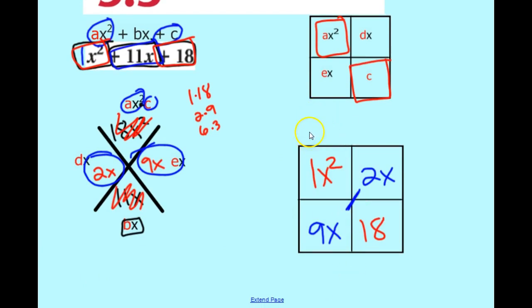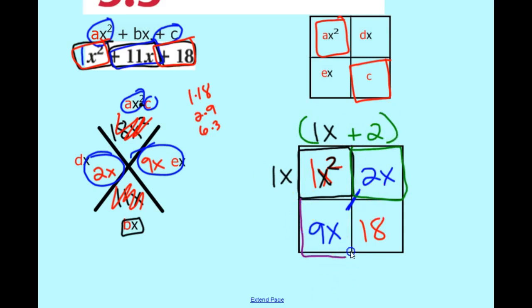We need to think what goes on the top and what goes on the side of our box. So what multiplies to give us x squared? Well, 1 times 1 is 1, and x times x would give us x squared in that box. If we move over to the next one, if we need a 2x, 1 times 2 is 2, and there's already an x there, so the first one is 1x plus 2.